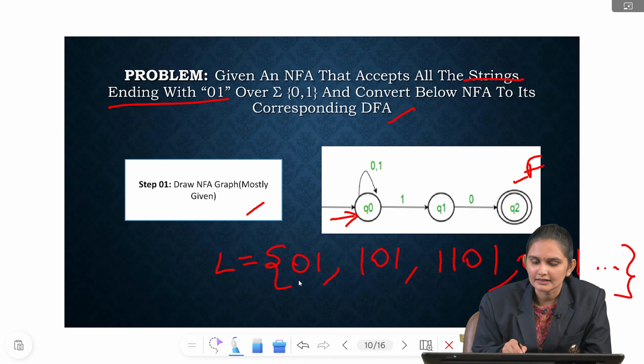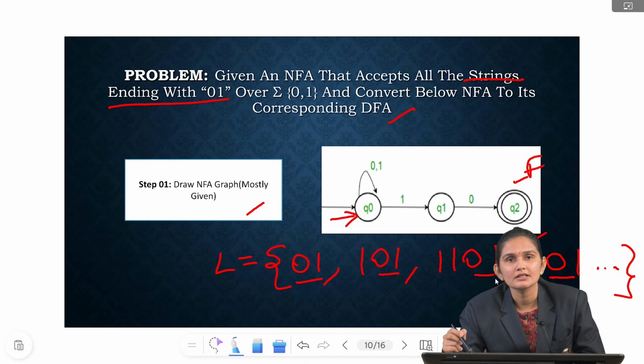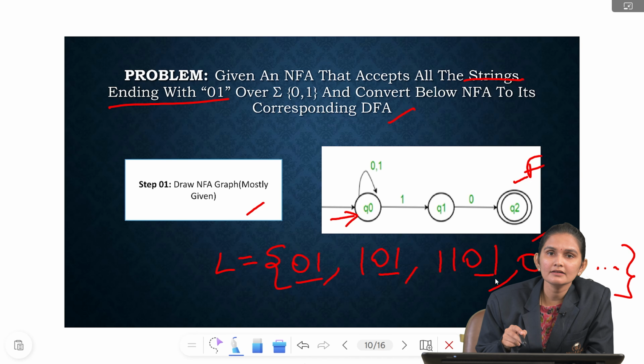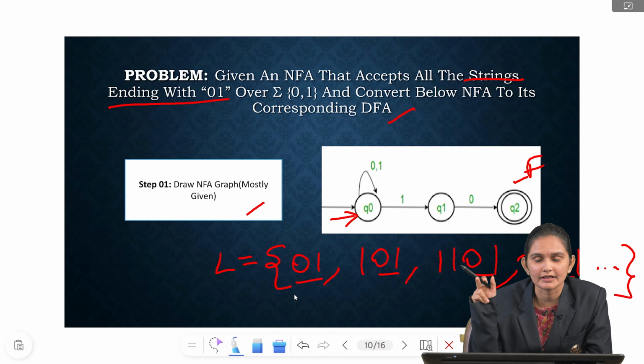So here the language is ending with 01. So the machine has to accept the strings whenever they come ending with 01. If the strings do not end with 01, then it has to reject.